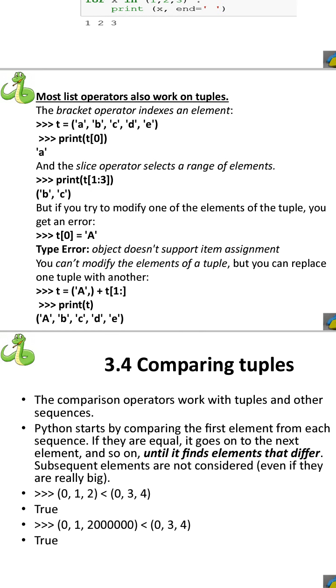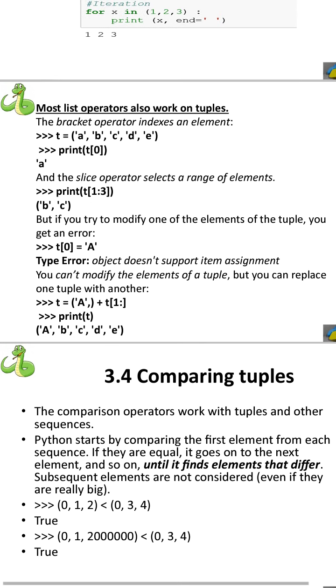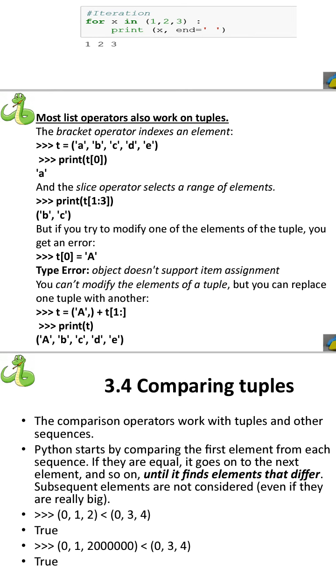Hence, when we say 1:3, it will traverse only up to the second index and it starts with the first index. In the first index b is stored and in the second index c is stored. When I say print T of 1:3, in the output I can see b, c in a tuple.